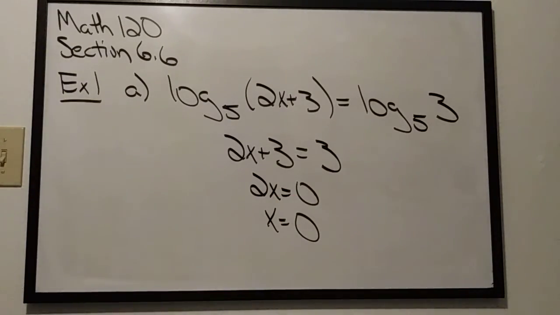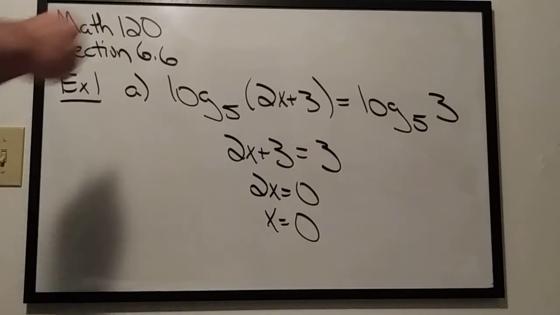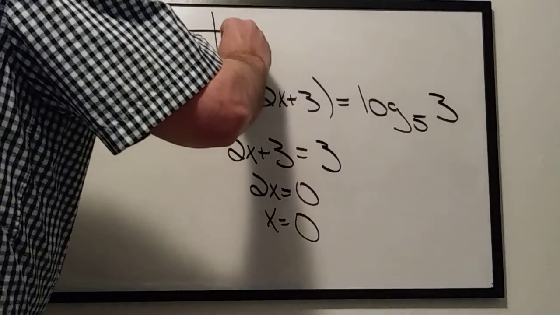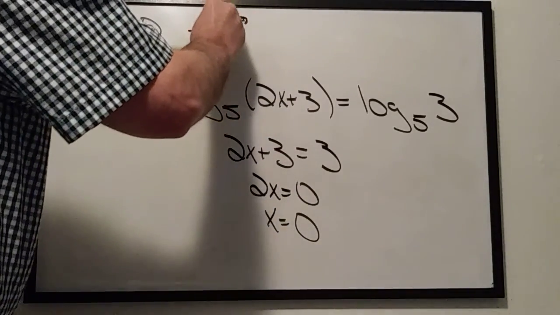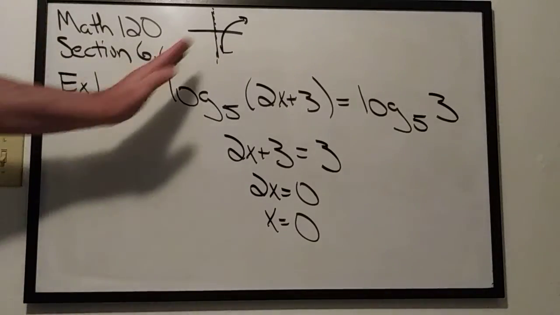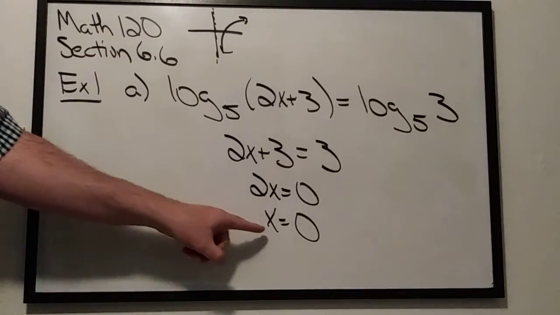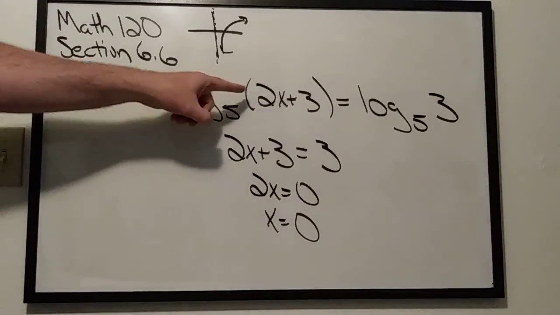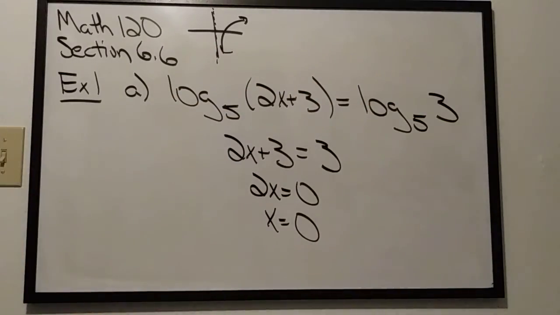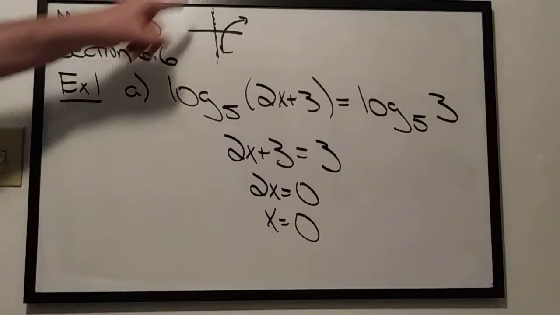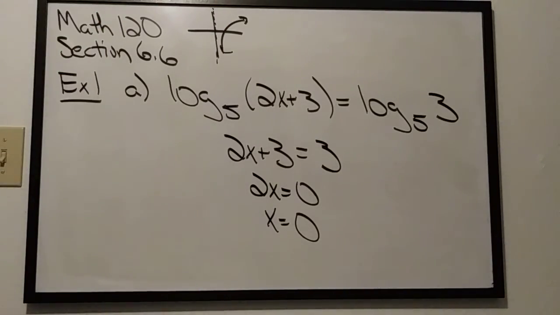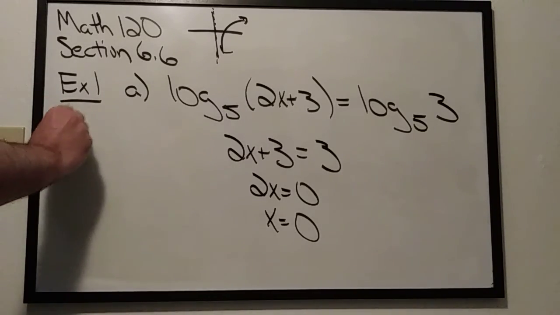At this point, you have to be careful when you're looking at logarithmic equations, because if you think about the graph of a logarithmic function, these logarithmic functions are only defined for positive x values. If you plug an x value into your arguments and find that any of them are either 0 or negative, we're not going to be able to use those x values.